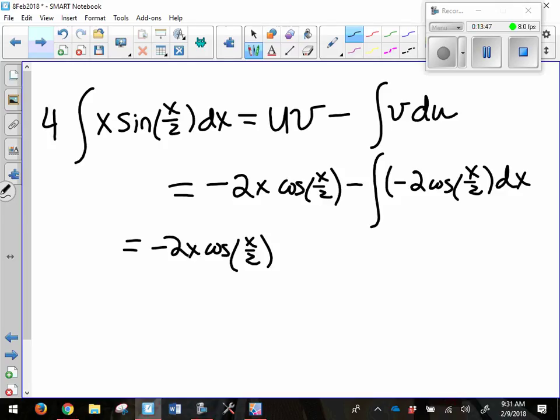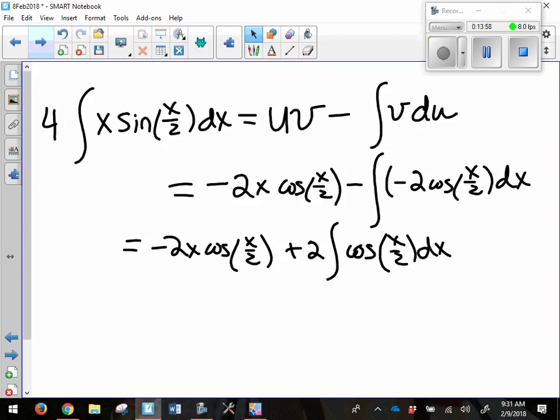We can clean this up a little bit, right? My negative signs cancel. I can bring my 2 out, and I've got cosine x over 2 dx. That seems vaguely familiar. Have we done that integral before? Yesterday or today? Oh, I'm fairly certain we've done it with cosine x over 2 as well. So what was the answer?